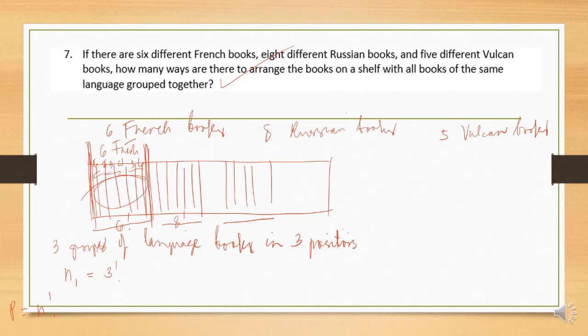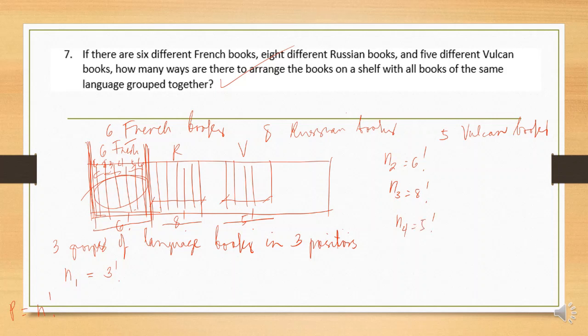Dito, nag-8 factorial tayo, if this is the Russian. And then, yung Vulcan ay nag-5 factorial tayo. Kasi, we are arranging 6 books in 6 positions for the French, 8 books in 8 positions for the Russian, and 5 different books in 5 positions for the Vulcan. Okay? Ibig sabihin, meron tayong N2 na 6 factorial, N3 na 8 factorial, and then N4 na 5 factorial.